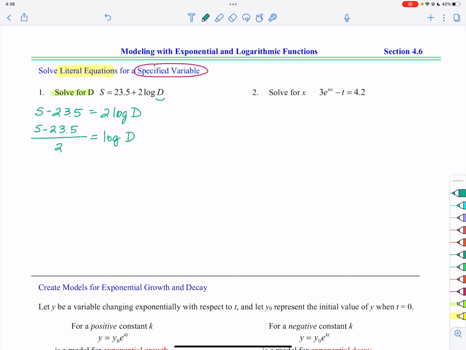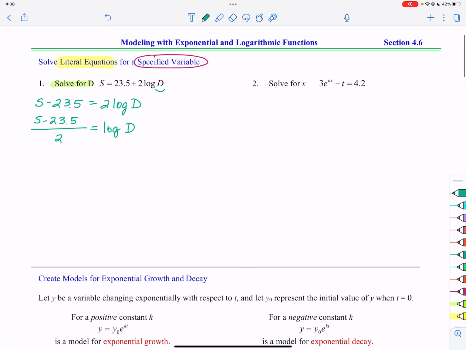Now, if we are trying to solve for D, we could go ahead and go into exponential form. So let's rewrite this first, the log of D, and of course that has a base 10, since that's a common logarithm, is equal to s minus 23.5 over 2.